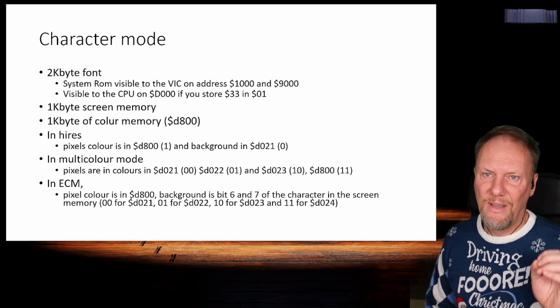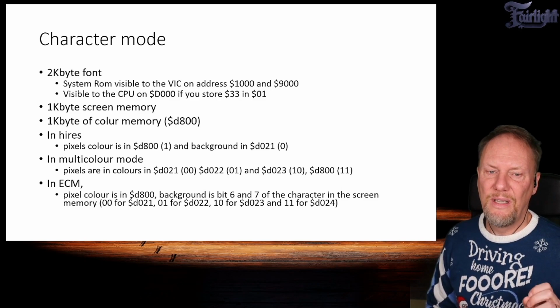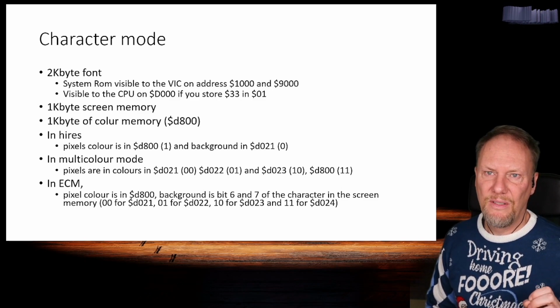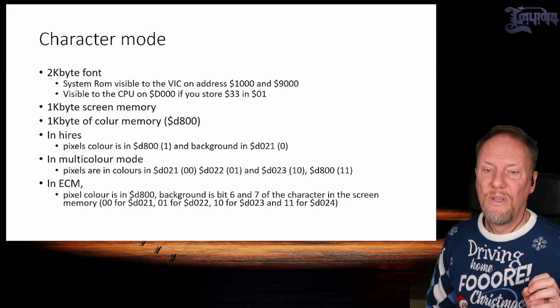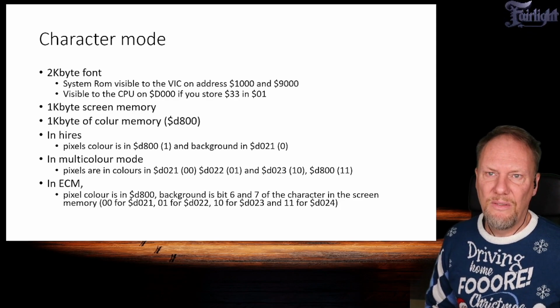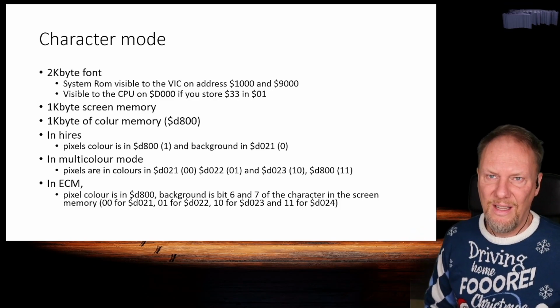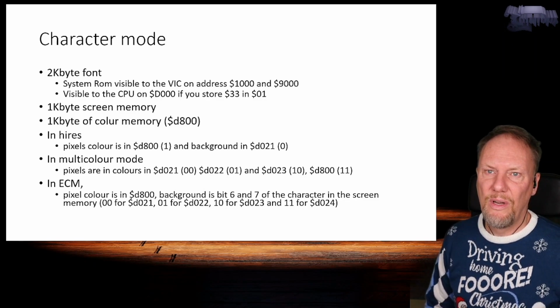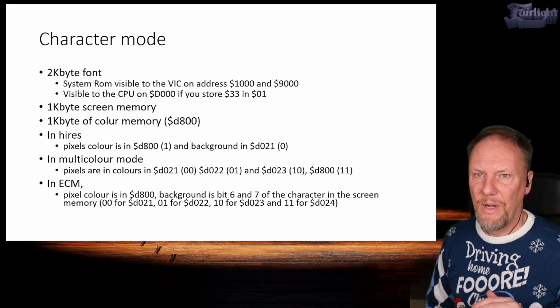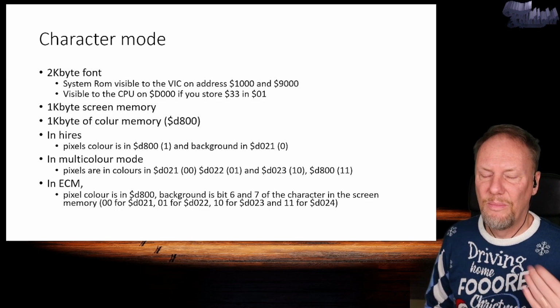So if the pixel is 1, it picks the color that it finds in D800, and then it picks the background, the zeros, from D021, the background color. That means that in every 8 times 8 cell, a character, you can only have 1 foreground color and 1 background color.